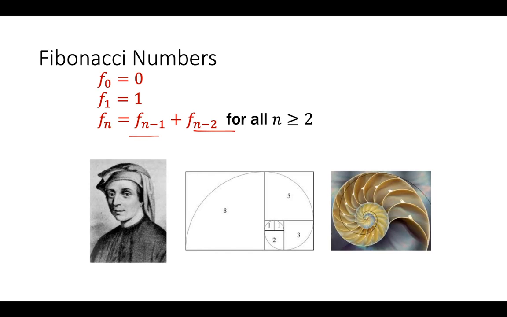So when you want F2, that is F0 plus F1, so 1 plus 0 will be 1, and F3 will be 1 plus 1, which is 2.